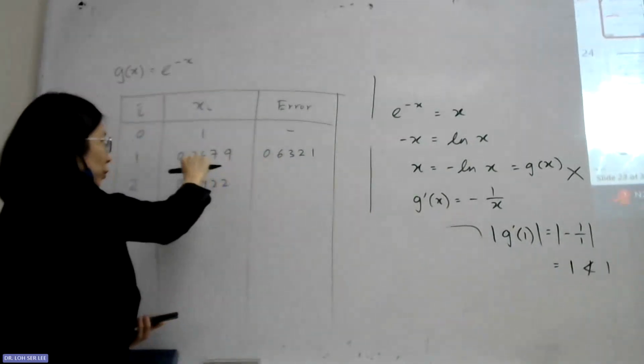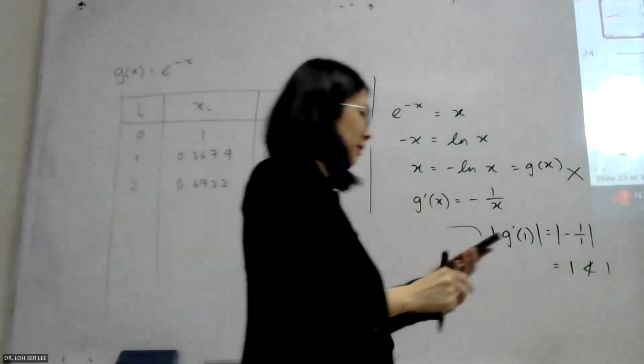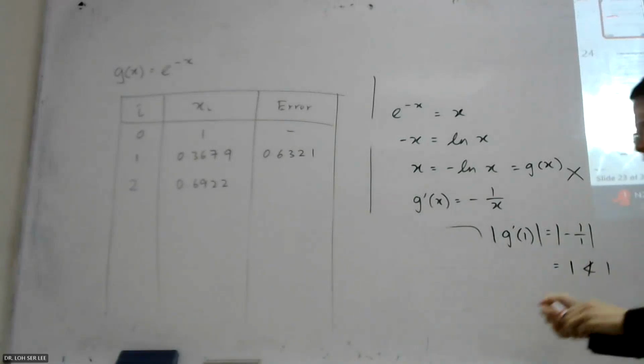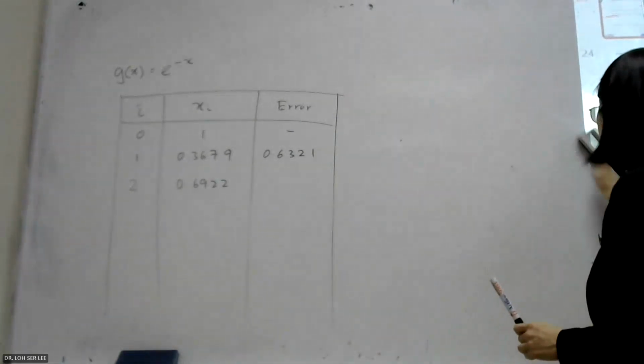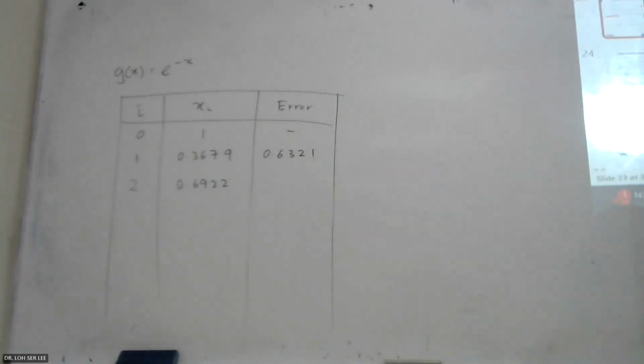You find the difference between these two and take the magnitude and put it here. And we will stop the iteration when the error is less than 0.003. Okay, according to the function, 0.003.